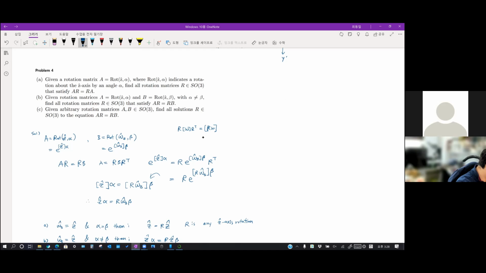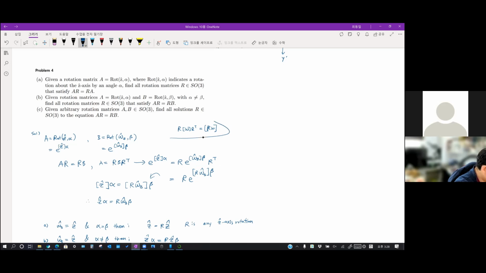And if we define B rotation matrix, and this B matrix is some rotation axis omega B hat, and the angle is beta, then we can write down like this. And if AR equal RB, we can transform this R to like this. And if we transform this one in exponential coordinate, then we can write down like this.